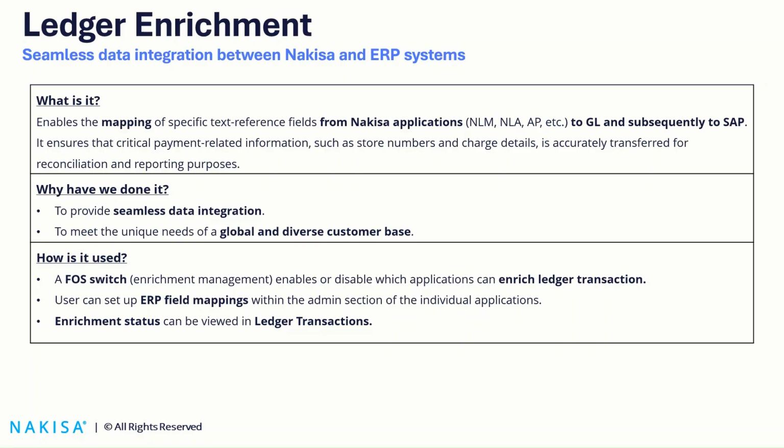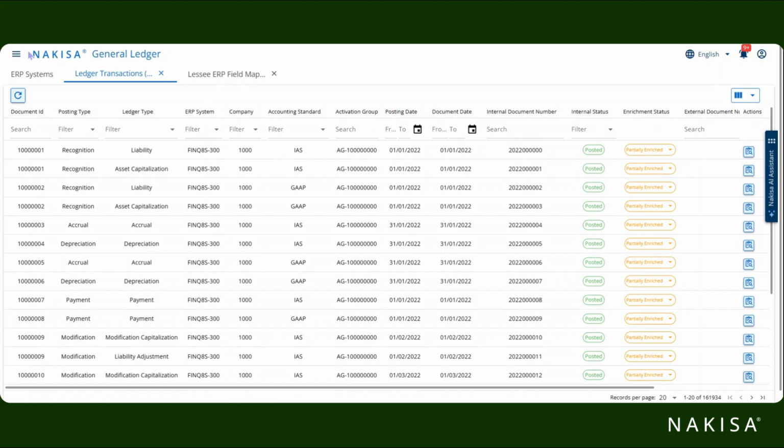I'd like to show you where you can see it, in the ledger transaction on the general ledger. On Nakisa General Ledger, under the ledger transactions, we have a column now here for enrichment status, which will show you, before a posting gets posted externally in your SAP, what information you are going to send from Nakisa to your SAP.